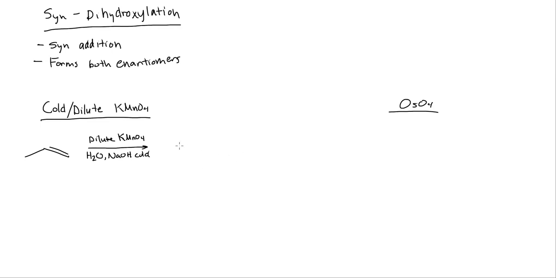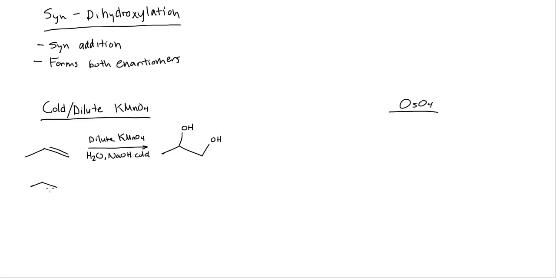So what this does is it adds two hydroxyl groups, syn. So these are both adding to the same side, okay? So each carbon in the double bond gets an alcohol on it, and that's it. Okay, that's literally it. So it's a pretty simple reaction.